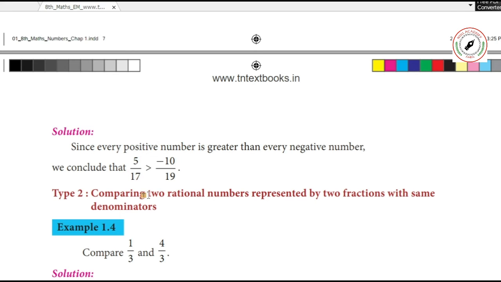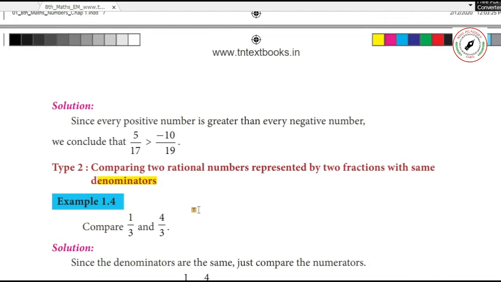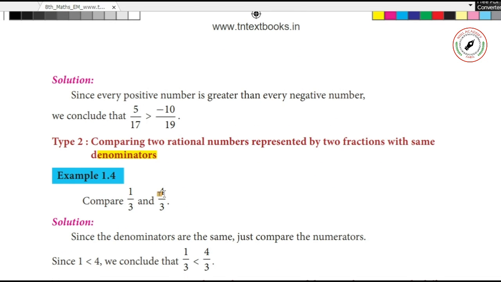Comparing two rational numbers represented by two fractions with the same denominators. You see here 1 by 3, 4 by 3. Denominators are the same. Just compare the numerators and say which one is big. 4 by 3 is bigger.